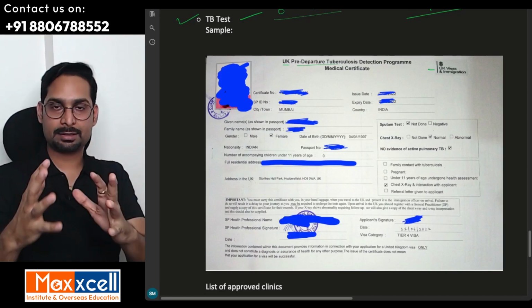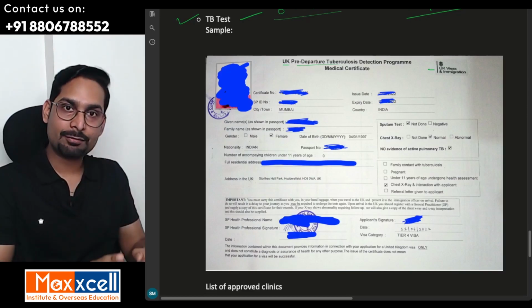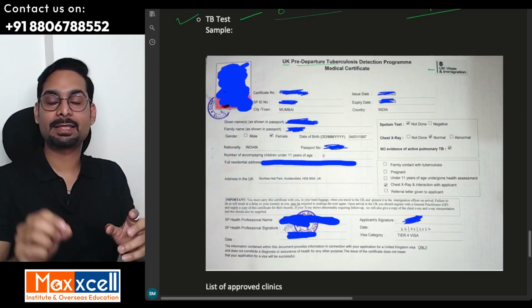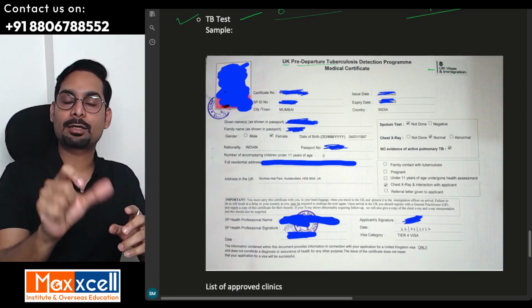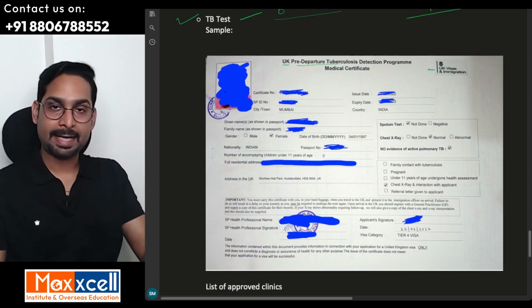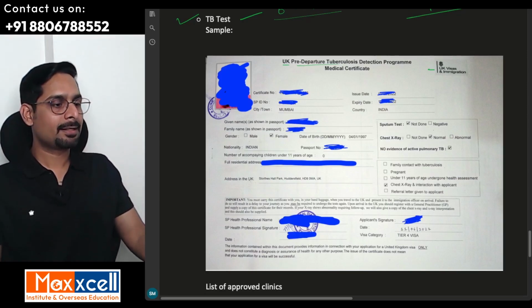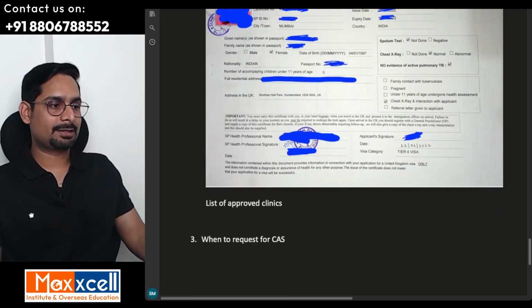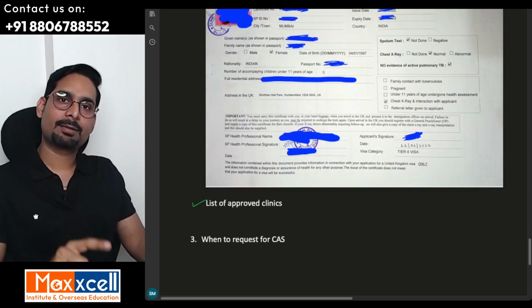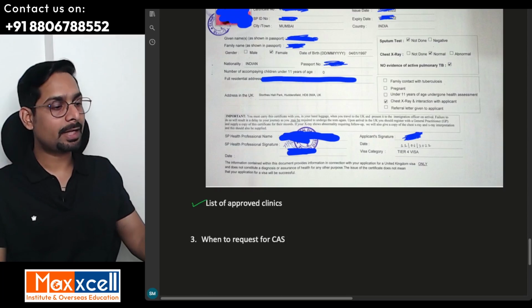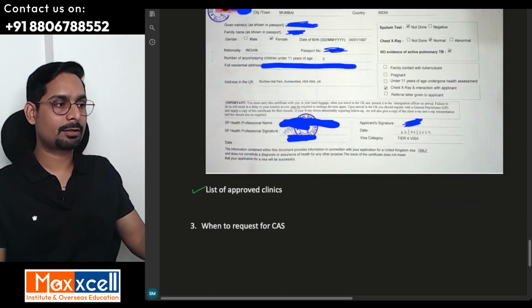For students who are enrolled with us, the list of designated clinics is mentioned in your Dropbox in the visa documents folder, number 9. You need to have the list of approved clinics, take an appointment from there and then go for it. Now for the TB test, what documents do you need to carry along?